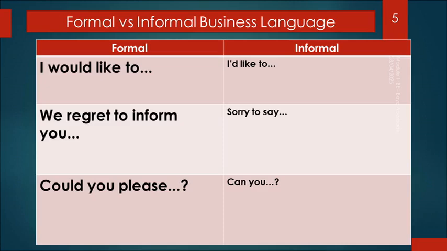Can you put it in simpler language? In the formal language, we will say, could you please do this? So we must distinguish between what we say in formal situations and what we say in the informal.